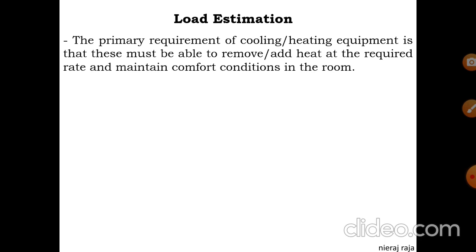Obviously they will not give you the comfort conditions, and even if they approximately give the required temperature or humidity, the cost of that system will be the highest. So for a particular space you want to air condition, there is a particular suitable type of air conditioning system, and that is decided by your load estimation.